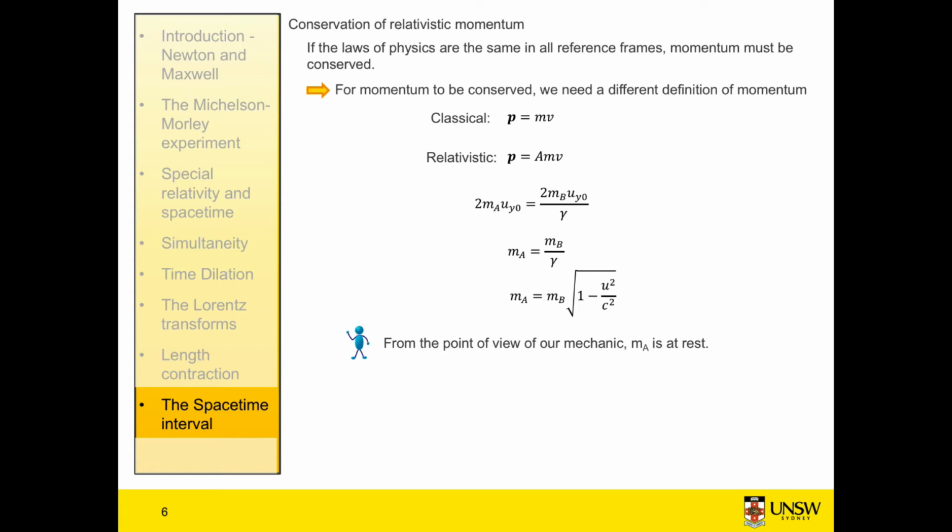So from the equation, we can see then that since u squared on c squared is always less than 1, it means that our mass measured when it's moving with a relativistic velocity is greater than the mass measured when it's at rest.